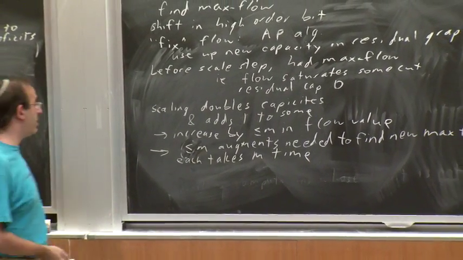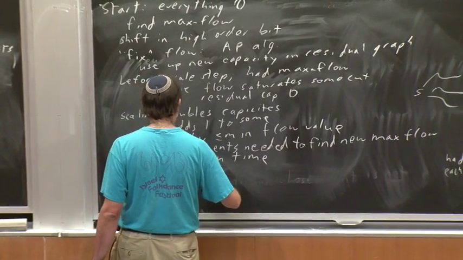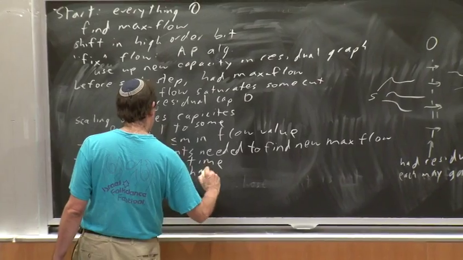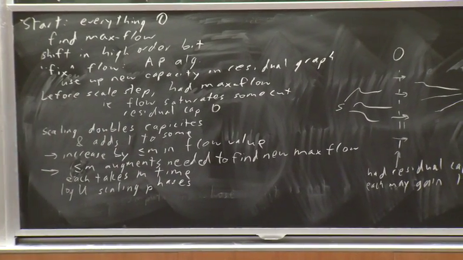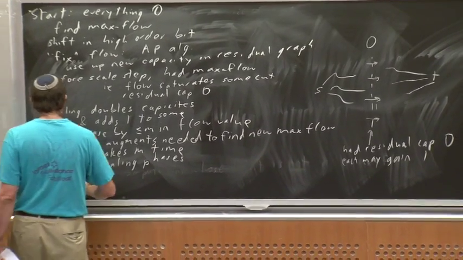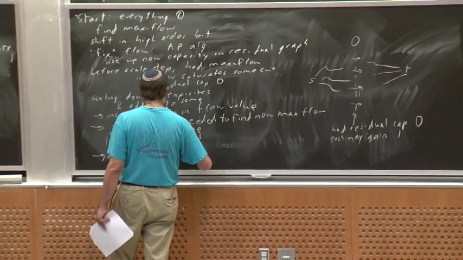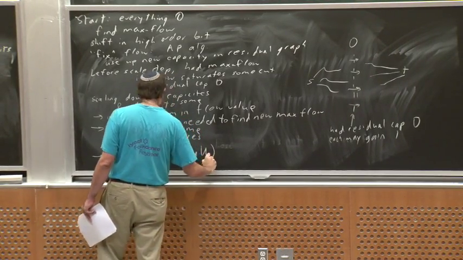How many scaling phases are needed? Well, log u, because that's how long it takes us to shift in all the bits from the biggest number. And that means that our overall runtime is order m squared log u.